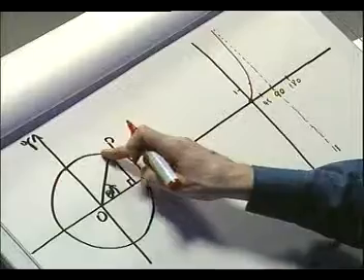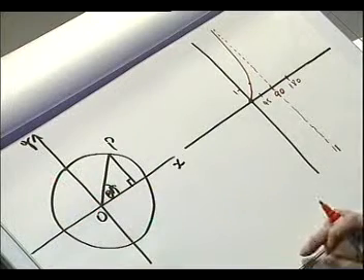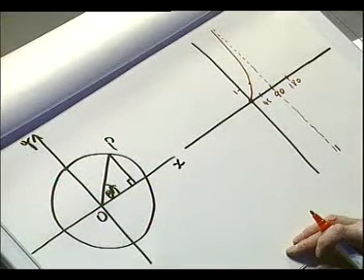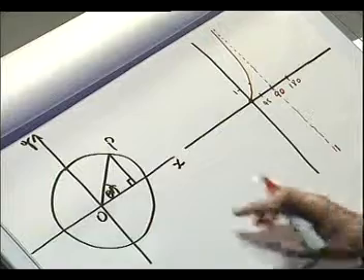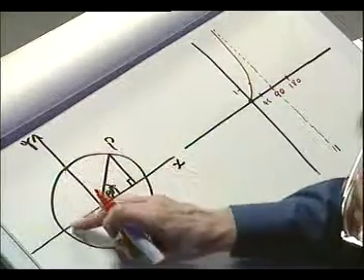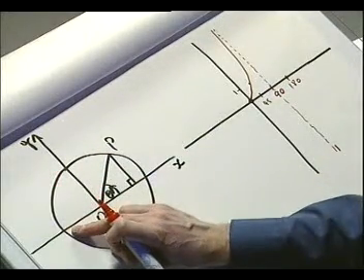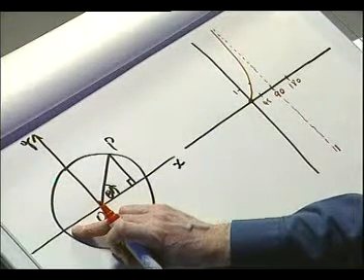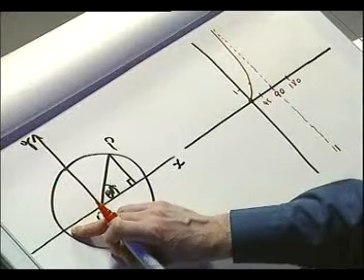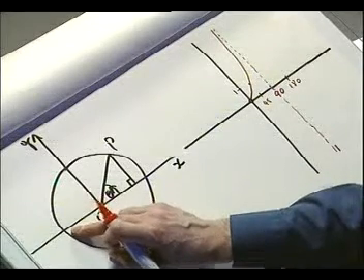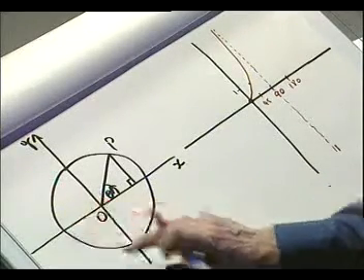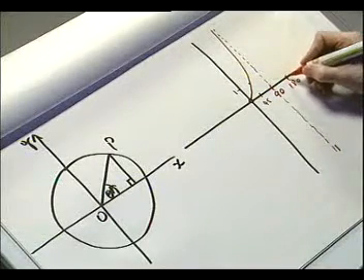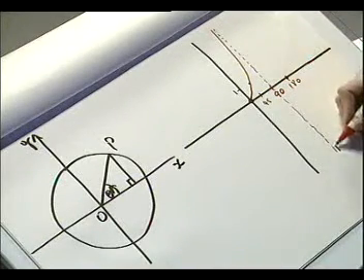And now we run this round to 180 degrees. And what happens then? Well, when we've got round to 180, the projection onto the x-axis is then of length 1, the same as OP, but the projection onto the y-axis is 0. So we've got 0 divided by 1 again, which gives us 0 at 180 degrees.